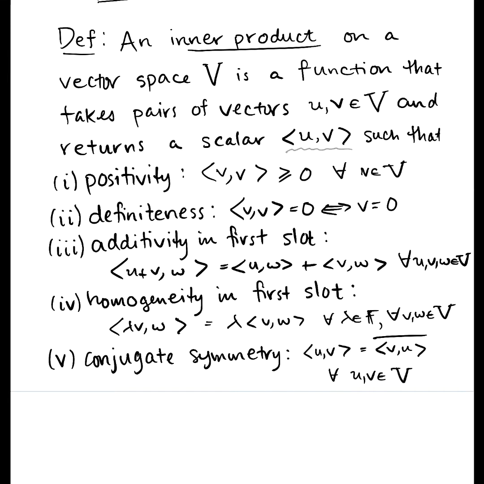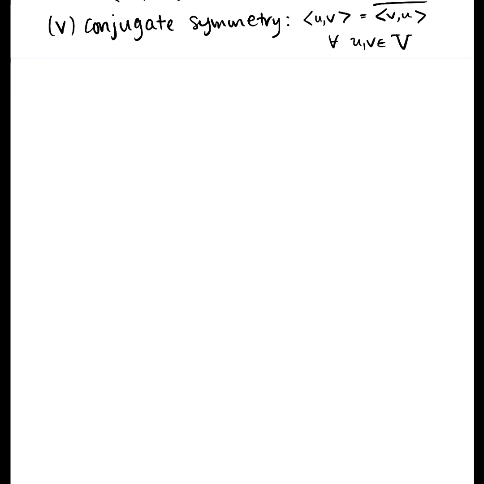Now, you've read up through this definition, and these 5 properties are required so that whatever we end up calling an inner product reminds us of the dot product way back from calc. So for example, you could be thinking of a somewhat exotic looking inner product in a somewhat exotic vector space.